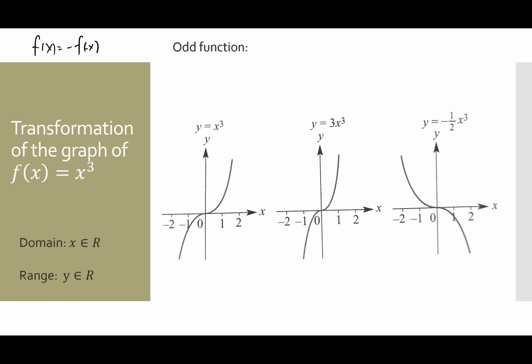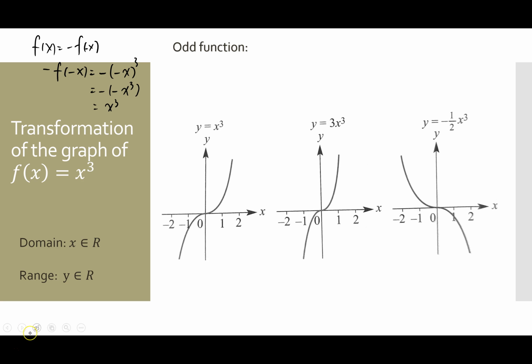What that means is, you replace x by negative x in the power of 3, and this will give you negative times negative x to the power of 3, and the answer is x cubed. You're matching with the form of f(x), therefore it is an odd function.